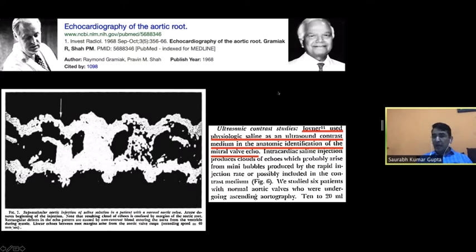And like any gentleman, they also acknowledged the contribution of Joyner, when they said that Joyner used physiologic saline as an ultrasound contrast medium in the anatomic identification of the mitral valve echo, although Joyner never published it, and this is the only claim which Joyner can make if he is alive today.